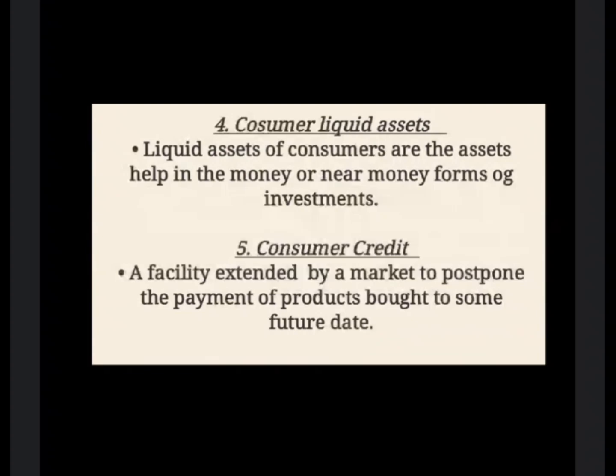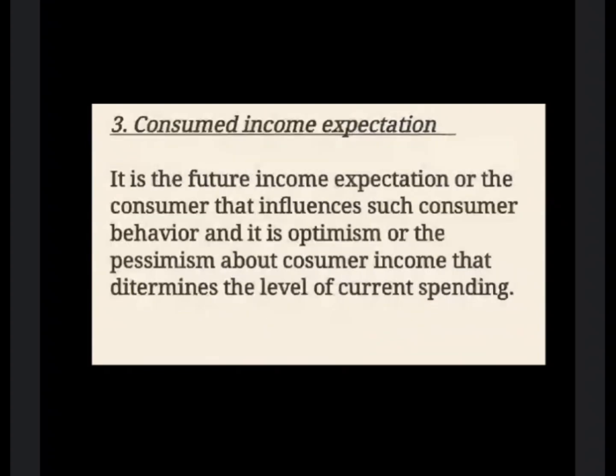So number four is consumer liquid. Number three is consumer income expectation. It is the future income expectation of the consumer that influences consumer behavior, and it is optimism or pessimism about consumer income that determines the level of current spending.